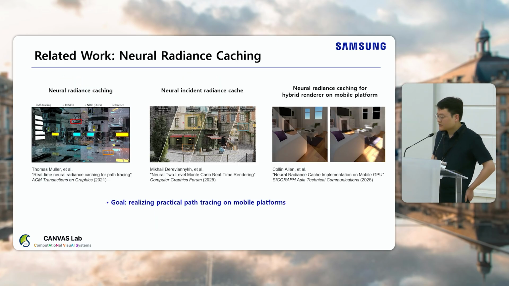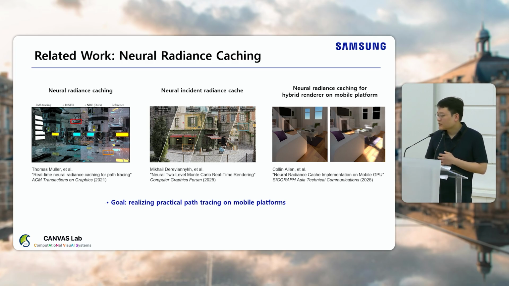So our interest was in neural Radiance casting. There are many possible approaches, but our starting point was neural Radiance casting proposed in 2021. They demonstrate that using a neural method, they can actually make it even faster than baseline path tracing. After that, there are other works like neural instant Radiance casting.